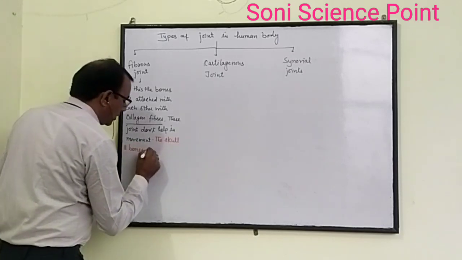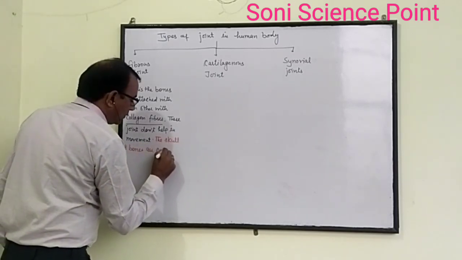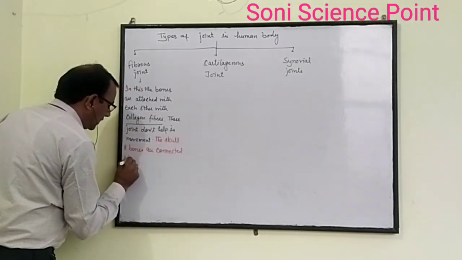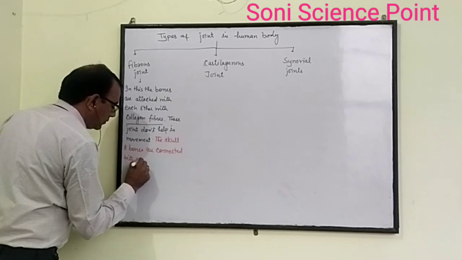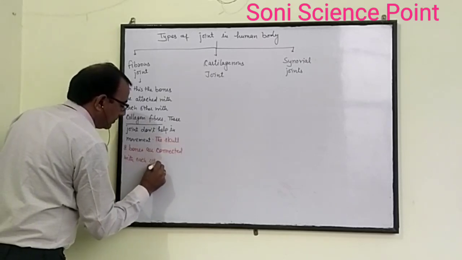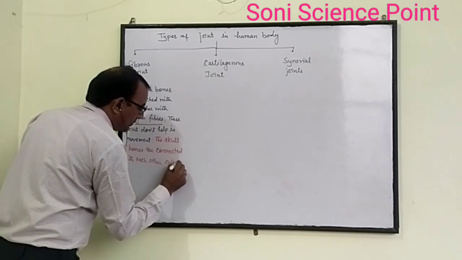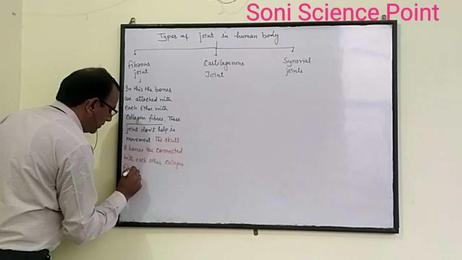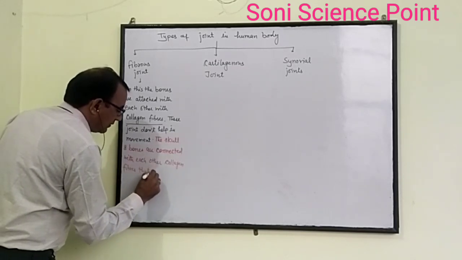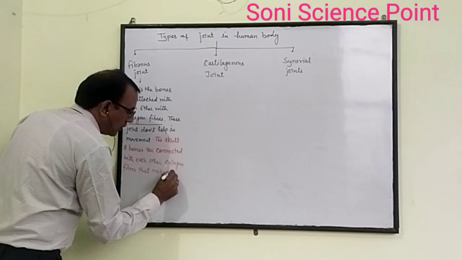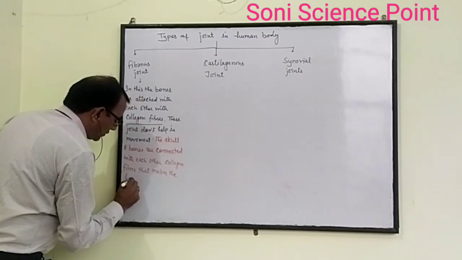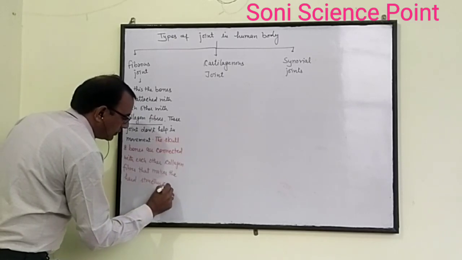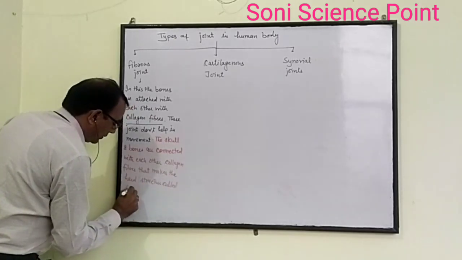The skull's 8 bones are connected with each other by collagen fibers that make the hard structure called suture.